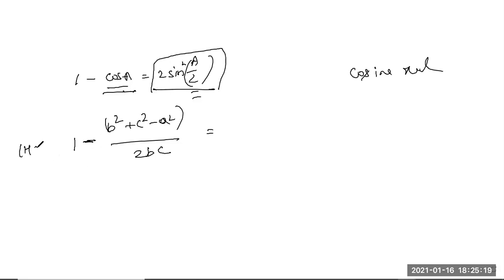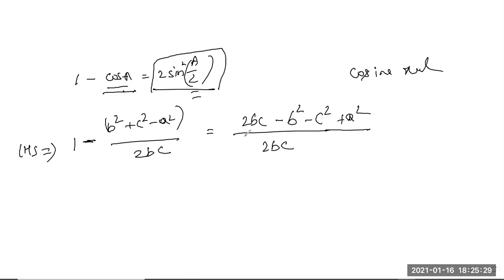So here you can do the LCM. There is 2bc minus b square minus c square plus a square, right? So this can be written as minus of b square plus c square minus 2bc, plus a square, divided by 2bc.